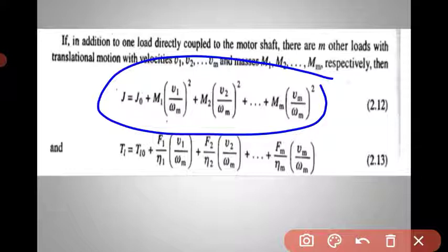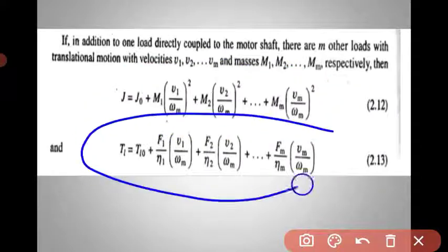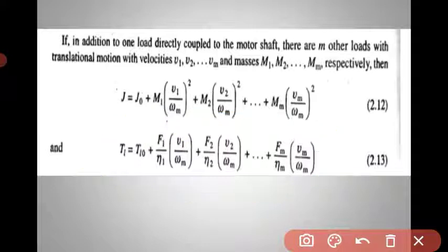Similarly we will obtain the load torque with this equation. This is the part directly coupled to the motor, and next the term F1 divided by efficiency eta 1 times v1 by omega_m. Here I will tell you which quantities are related.